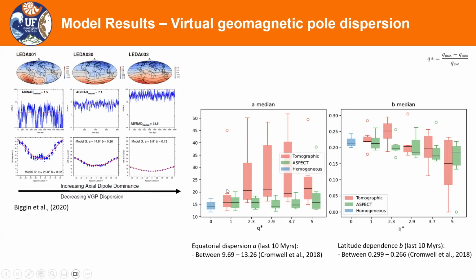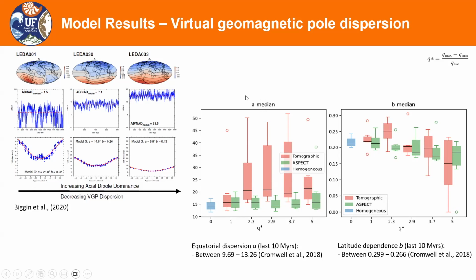In red, I am showing the range of results for models using the tomographic map. In green, the same results for a map from ASPECT. And I'm plotting these next to each other, but they are using the same value of Q star every time.